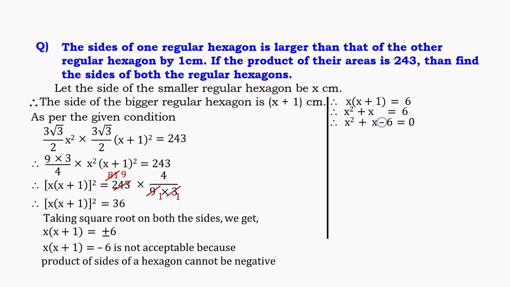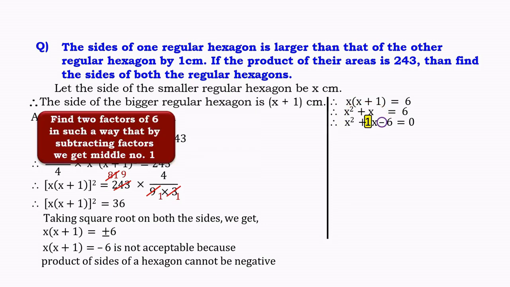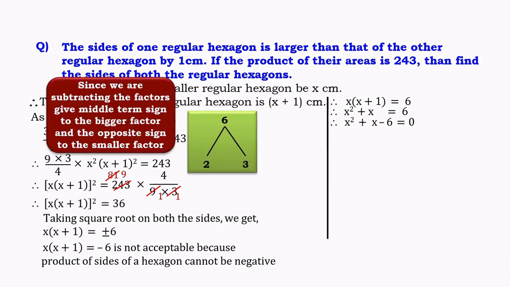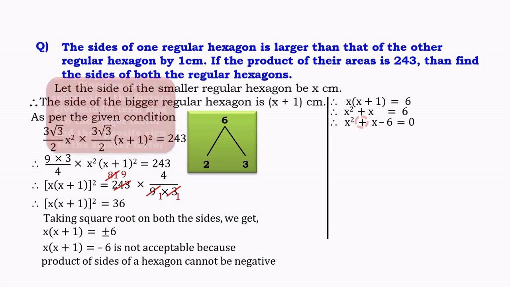Now let us factorize this quadratic equation. We need two numbers whose product is 6 and whose difference is 1. These numbers are 3 and 2. Since the middle term is positive and the constant term is negative, we take plus 3 and minus 2.